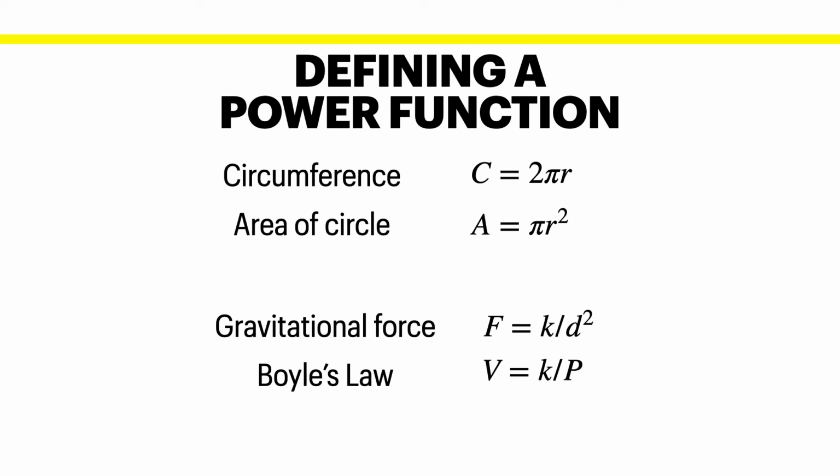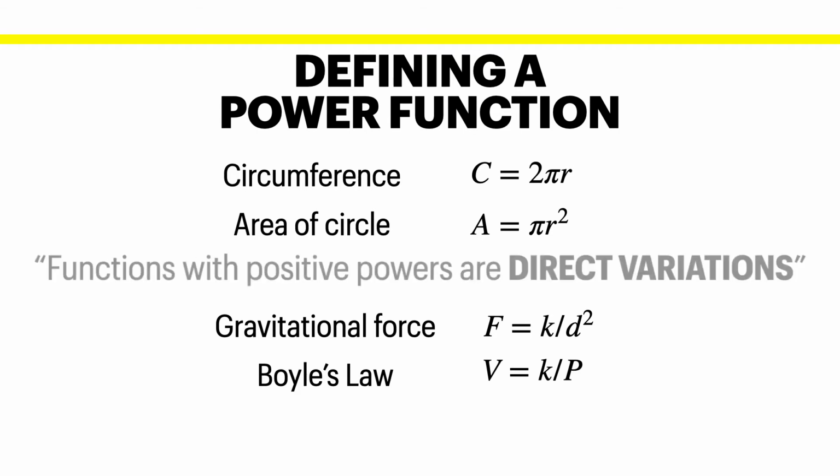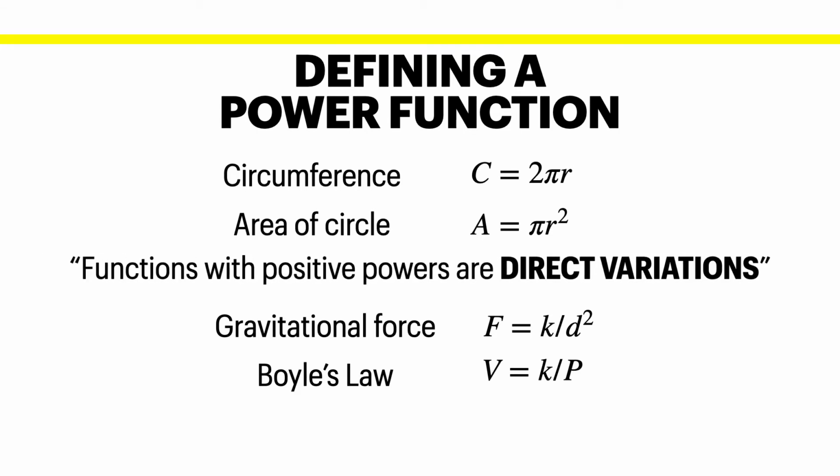For the circumference and the area of the circle, we have a completely direct variation of the changes between the R and the C for circumference, and the changes of R affecting A. So if you remember from your algebra, this is something that we call a direct variation. If the power in your function or in your model is a positive number, it is a direct variation.